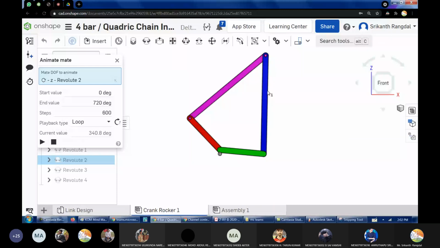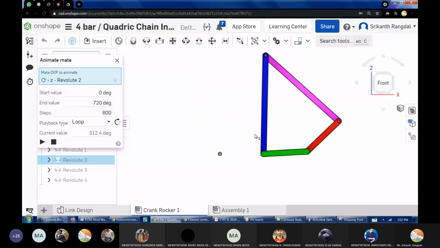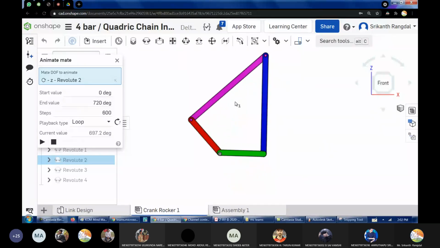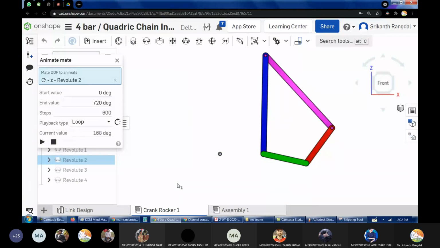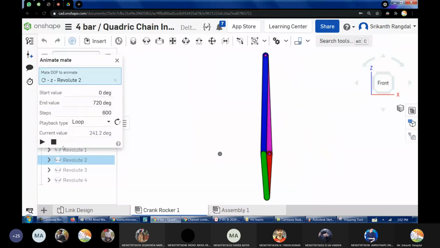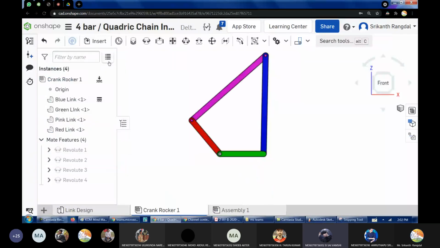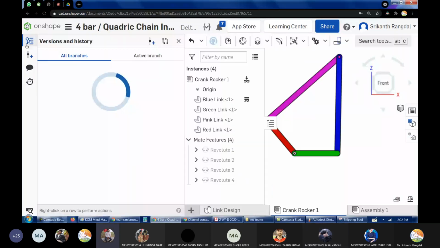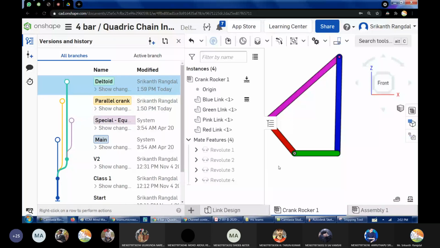Whereas when we fix the longer link, the smaller link will work like a crank and the rocker will oscillate on both sides of the fixed link. Is this clear? So this is what your textbooks speak about.